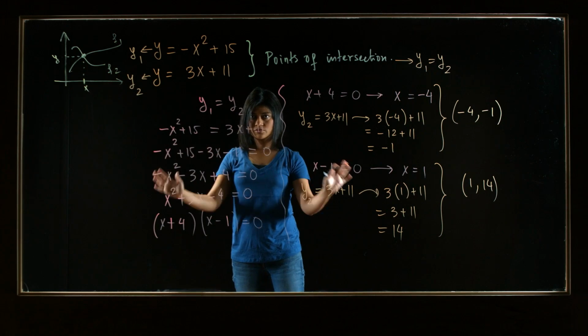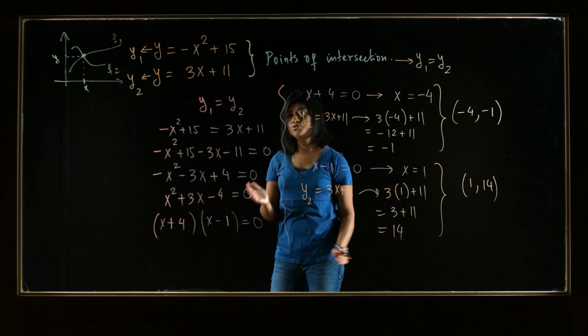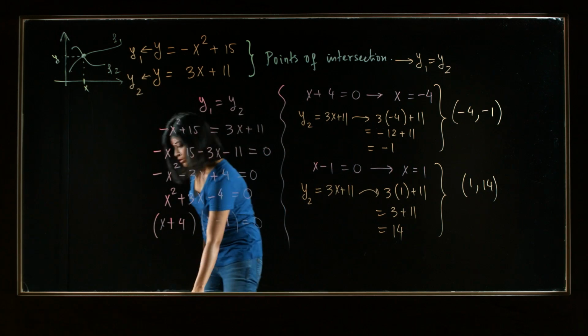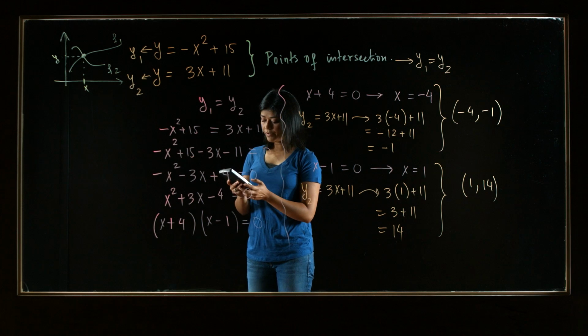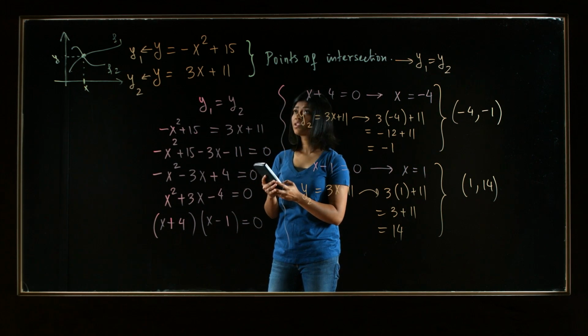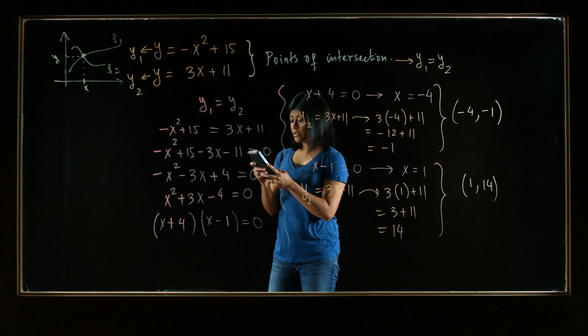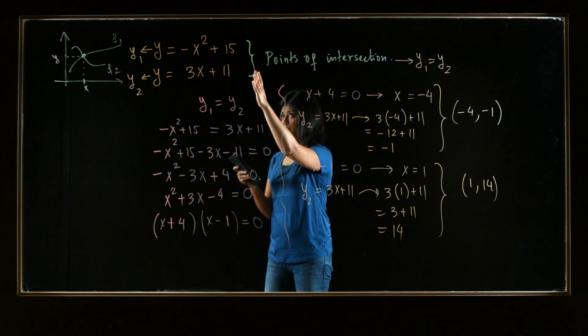Finally, to complete this problem, we have to check our answer using a graphing utility. So you pick whatever graphing utility you have, and then let's find the point of intersection of the 2 graphs.